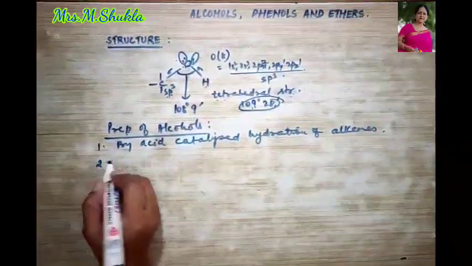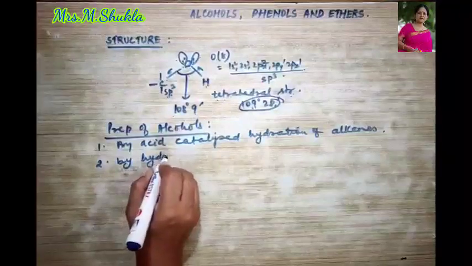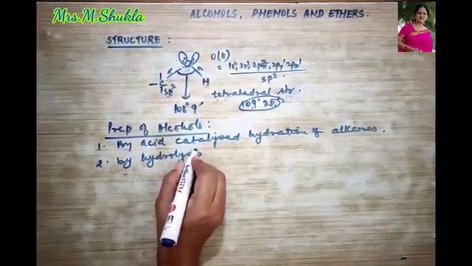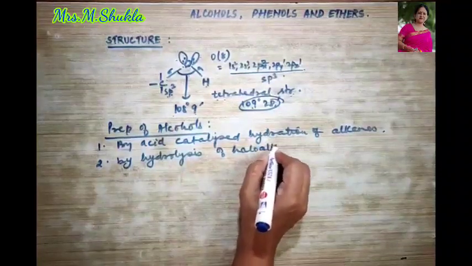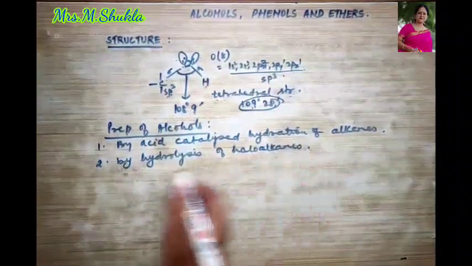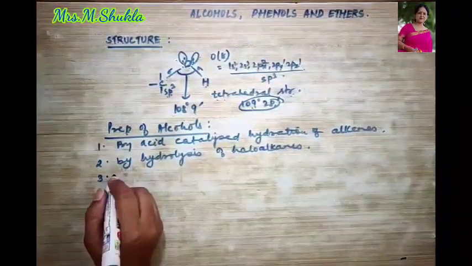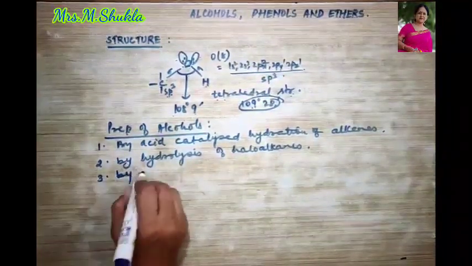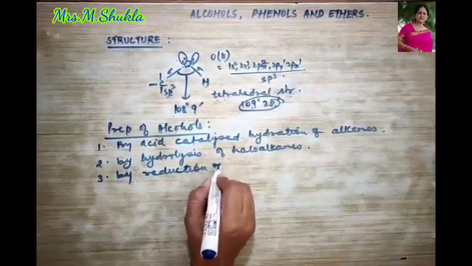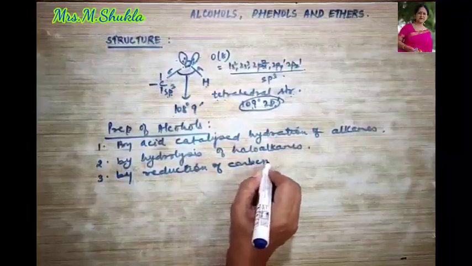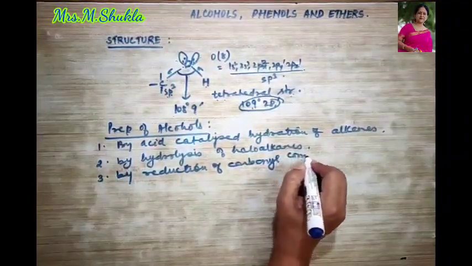The second method is by hydrolysis of haloalkanes. There are about 6 to 7 methods that we have to study. Then the next one is by reduction of carbonyl compounds.